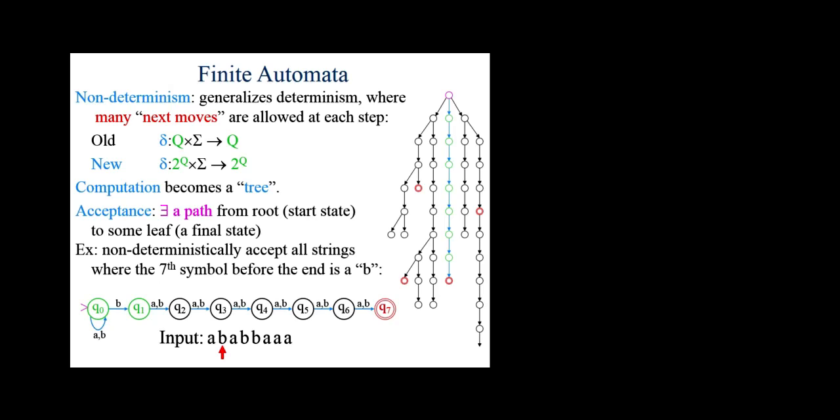You're going to be in both of these states. Then you see an A. An A from these two states will go from Q1 to Q2, and from Q0 back to Q0. So now you're in these two states highlighted in green, Q0 and Q2.